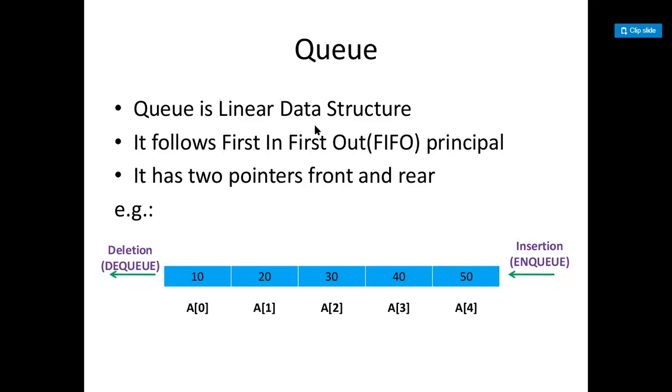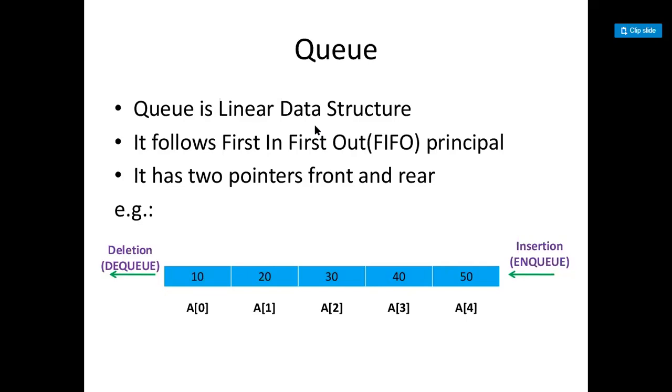Very simple example. You're standing in a queue. Okay. So you want to get token, food token or some other token. So the person who entered or who stood first, he will get the opportunity to get the token first, right? Who is going first, they will be served first.